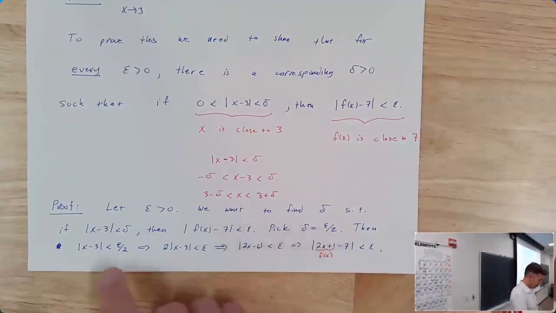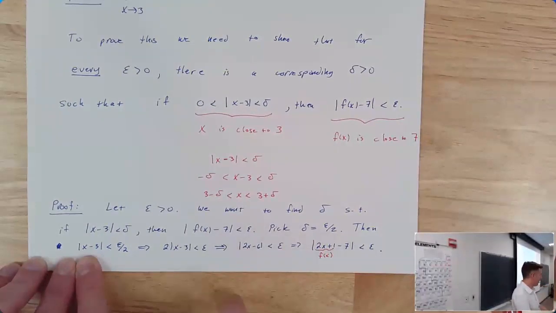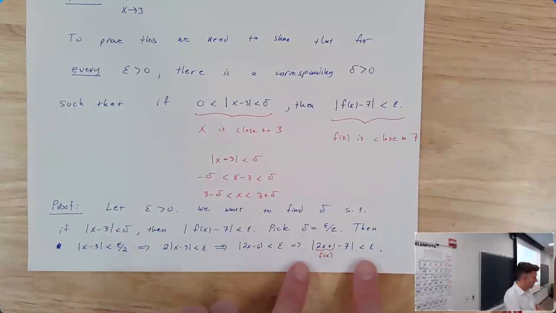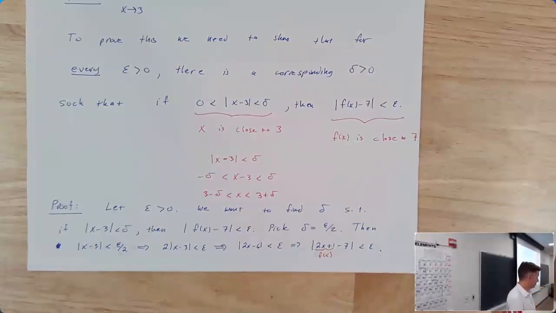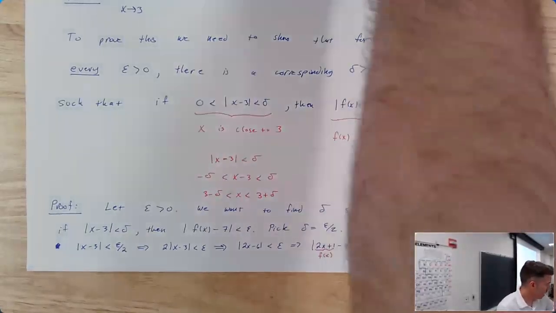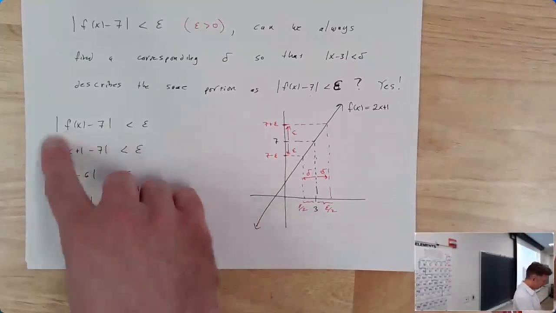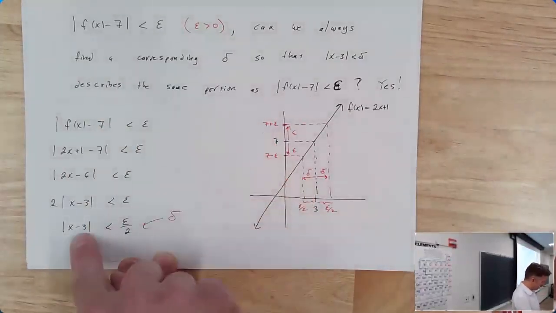So then we say the math we already did a bunch of times: if this, then this, then this, then this. From the work we did before, from the previous page, where we said we want this to be true, and we worked it down to getting that we need that.